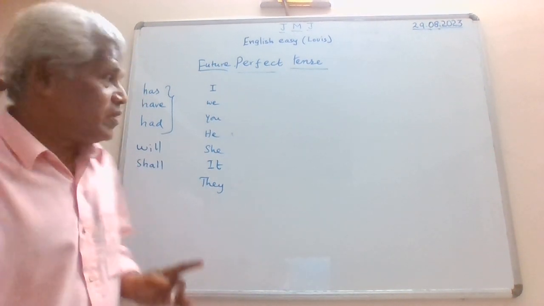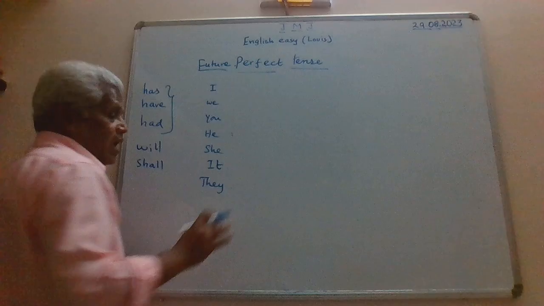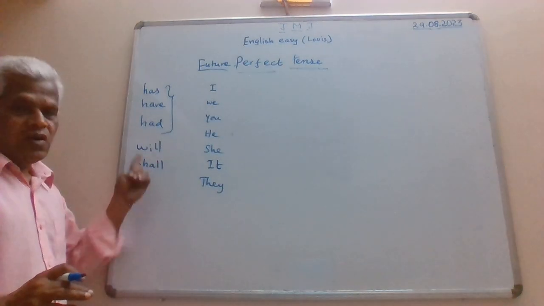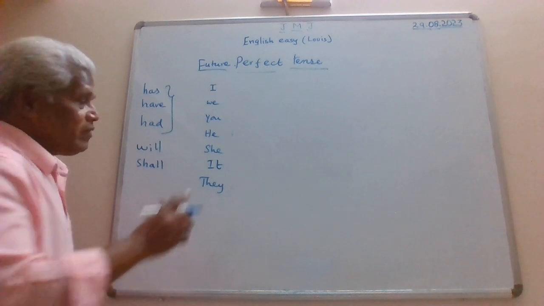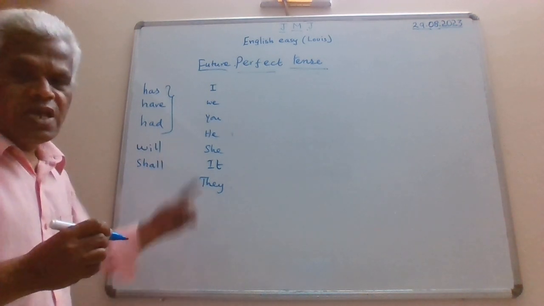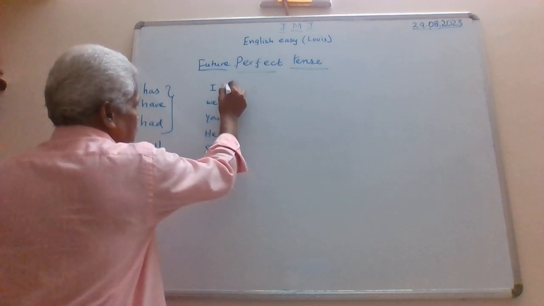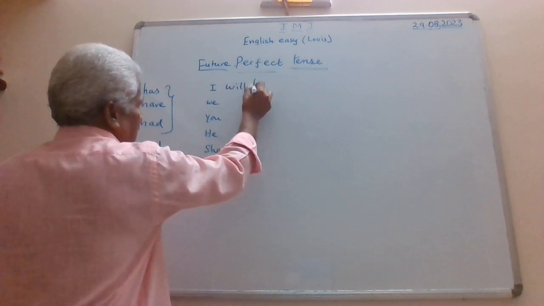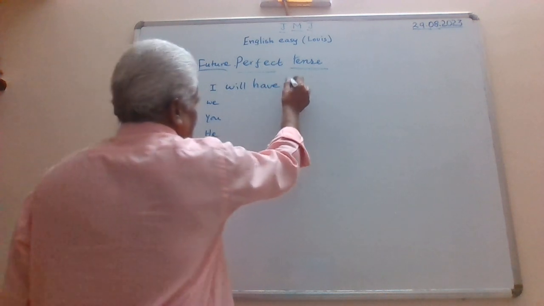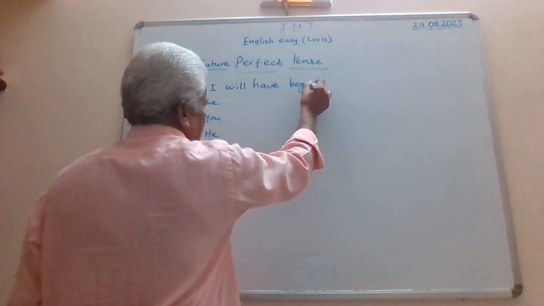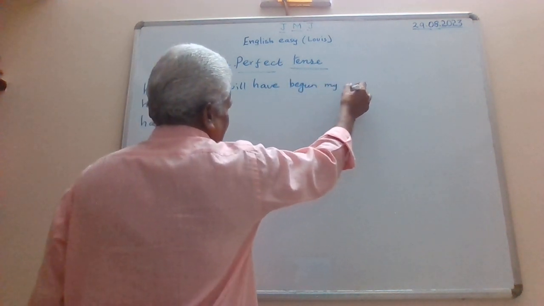So let me write the example here. See? Again, you are free to use will or shall anywhere you like. But I prefer will for all the subjective pronouns. So let me use only will there. So I will have begun my exam.